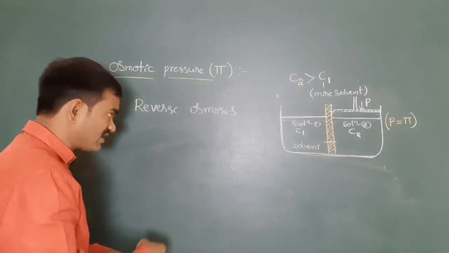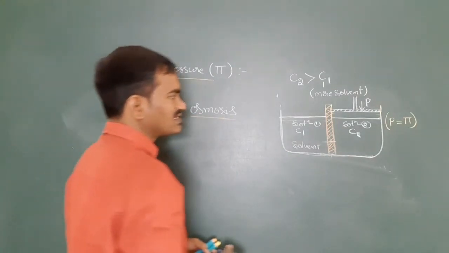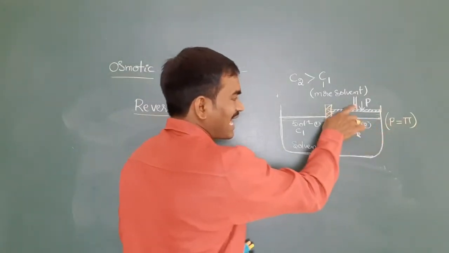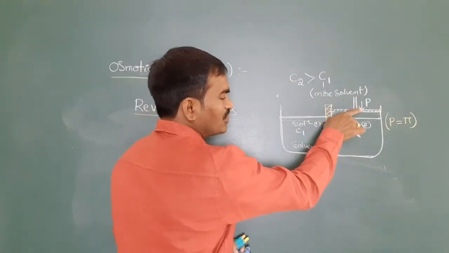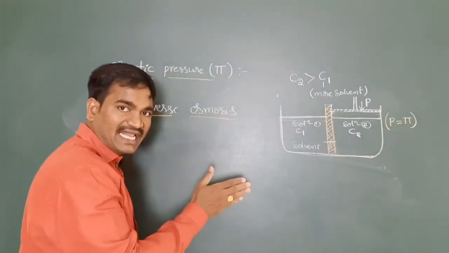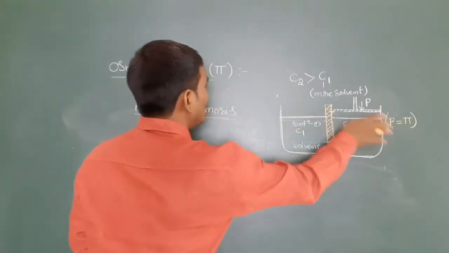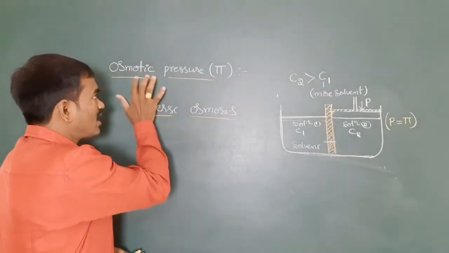What is meant by reverse osmosis, sir? Where can we use this reverse osmosis, sir? Very simple. Here see, if the applied pressure on the high concentrated solution side is equal to pi, then that pressure we can call osmotic pressure.